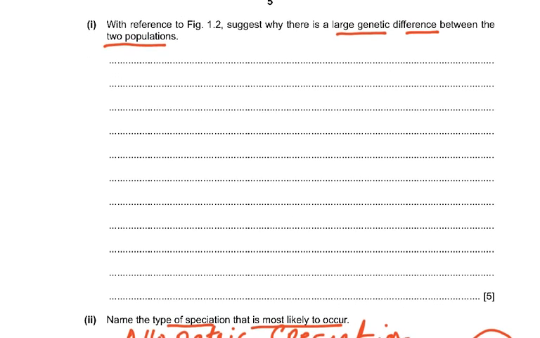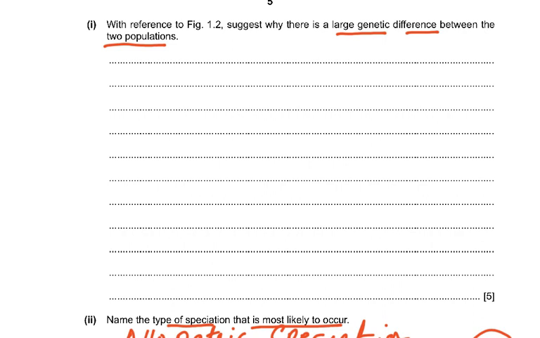Now coming back to this part, with reference to figure 1.2, suggest why there is a large genetic difference between the two populations. Basically, it's the same mark scheme points: geographical isolation, or you can say geographical barrier. You can see maybe that mountains or the rivers are a barrier. Then populations are unable to breed, so there's no gene flow.